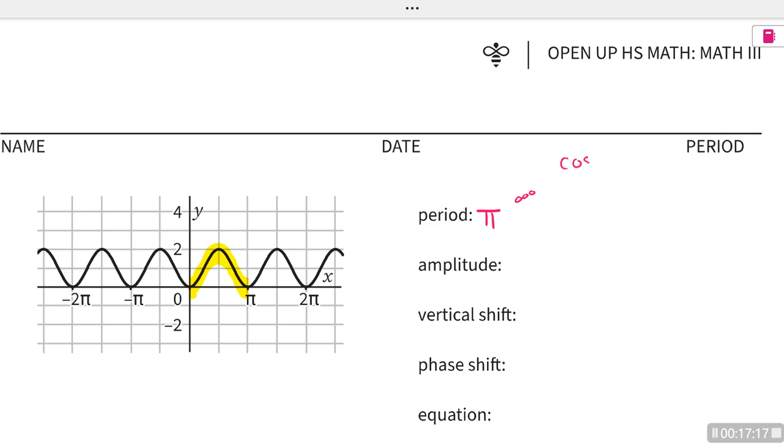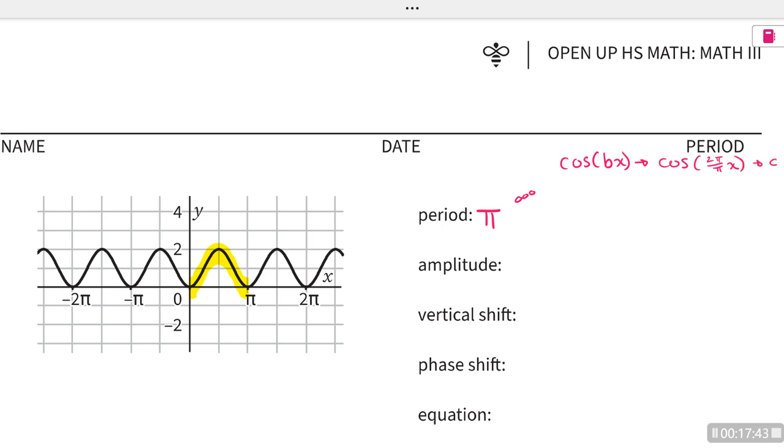So remember, we want cosine of bx in the middle of the equation. So if we're happening twice as fast, our b value is going to be 2 pi over pi, right? So 2 pi, the original period, over pi, since that's how fast we're going.